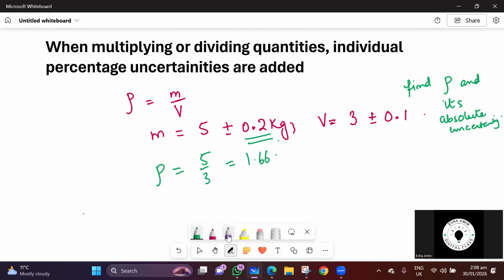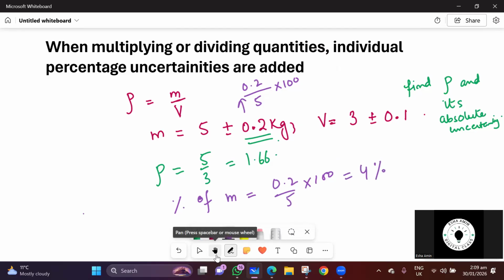The percentage uncertainty of mass is 0.2 divided by 5 into 100, so that is 4%.